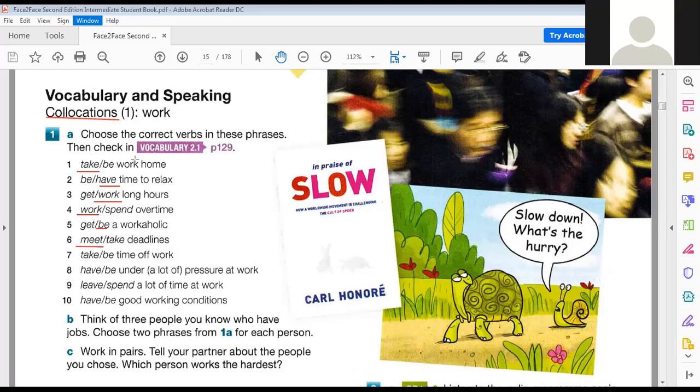Do you see? It's easy to make mistakes here because maybe you try to translate it, but it doesn't always work in the same way in Arabic. Because in English you have to say meet deadlines. So if you want to complain about your company or your department in the hospital, maybe you have some deadlines.